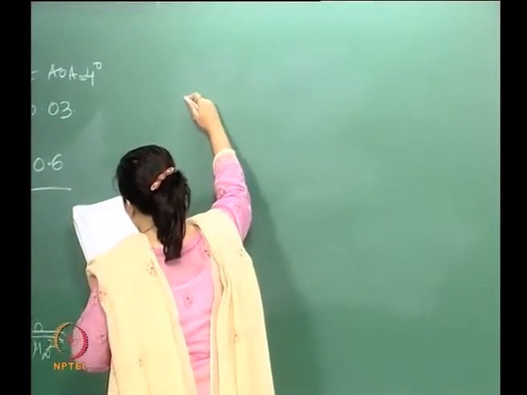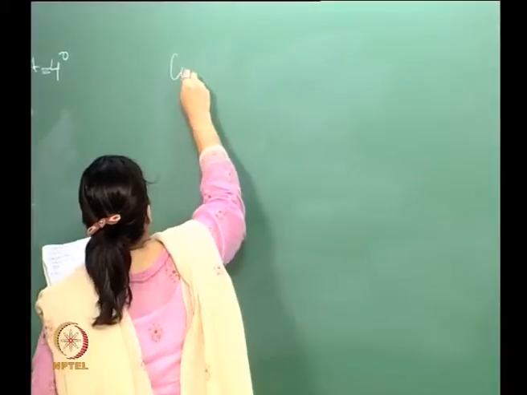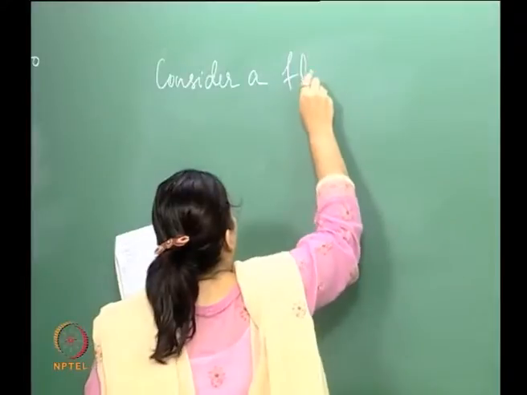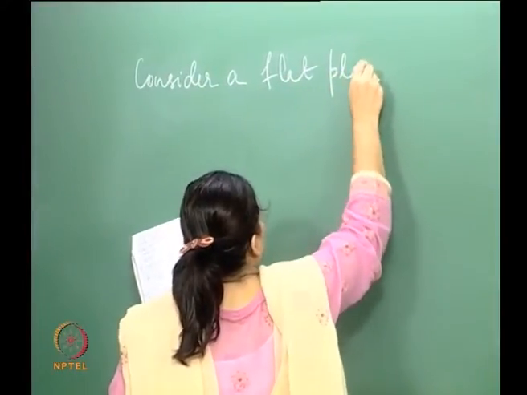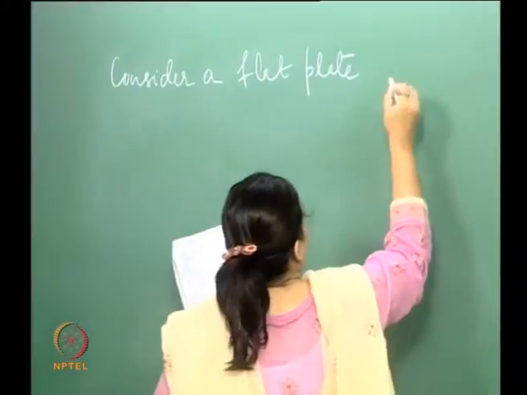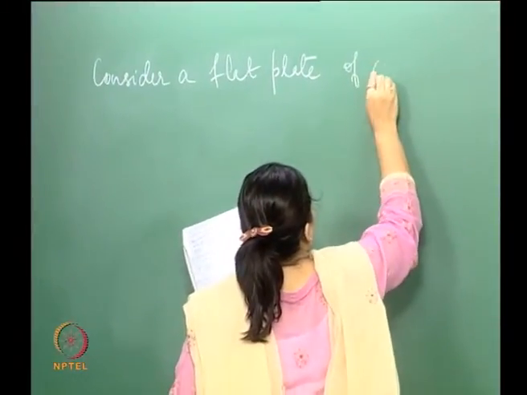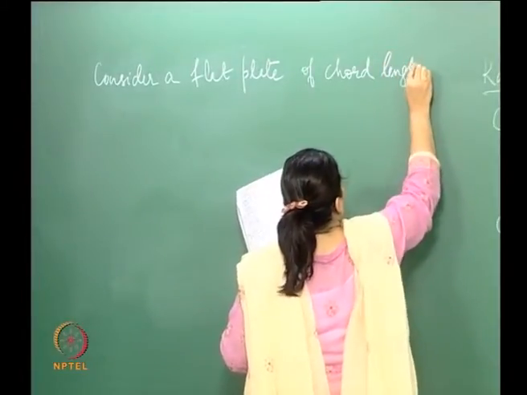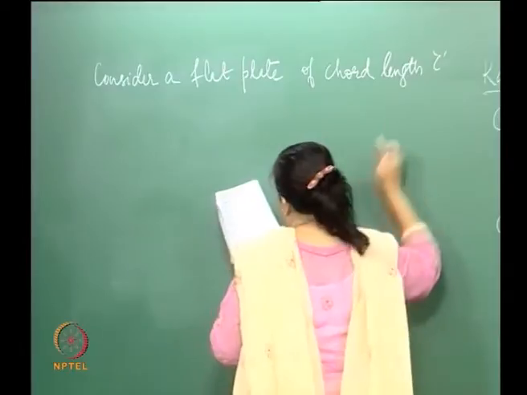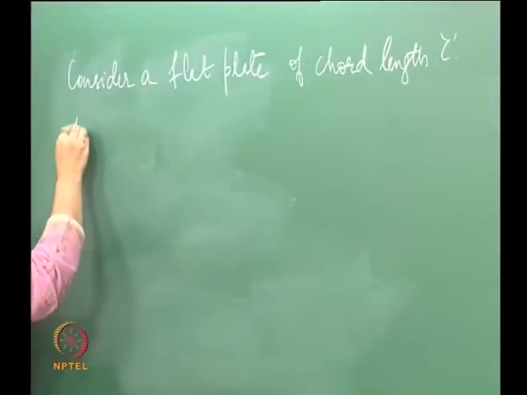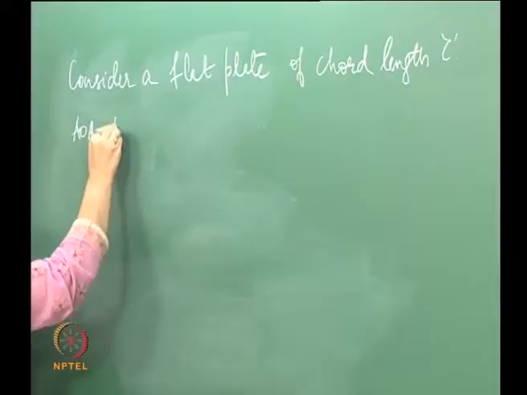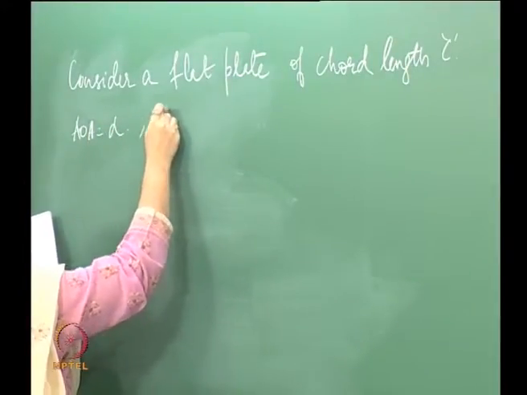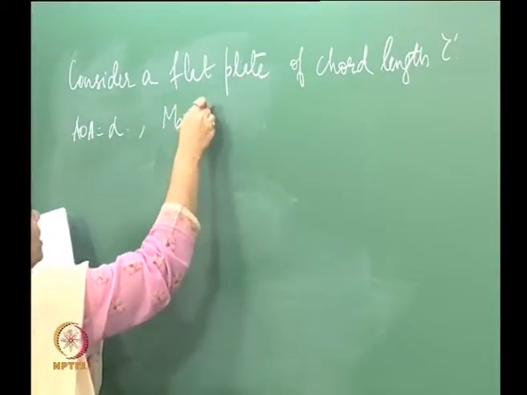Now, basically consider a flat plate of chord length C, at an angle of attack alpha, in a supersonic free stream with a given Mach number.